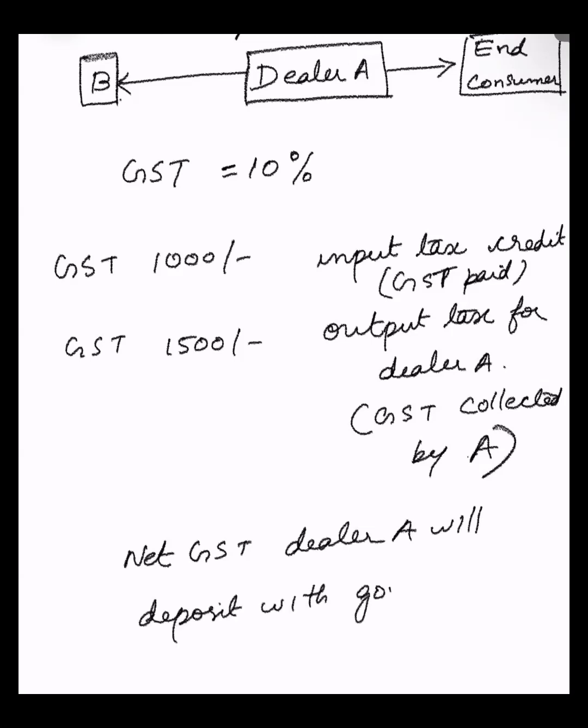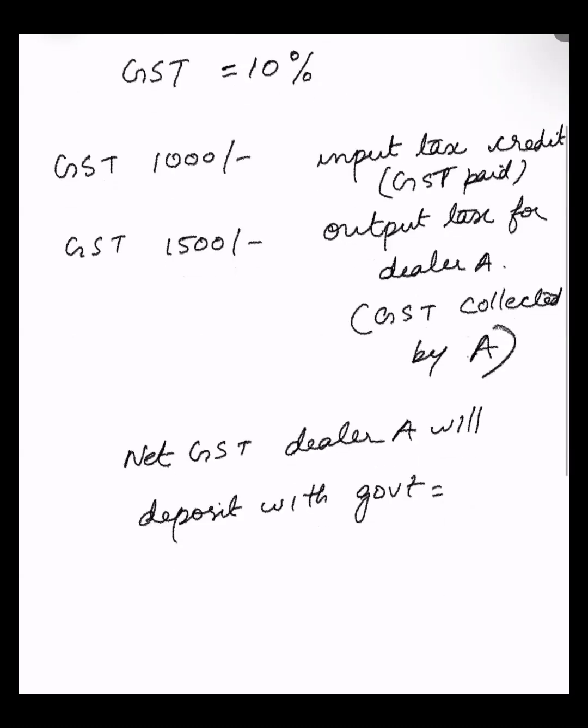That is output tax minus input tax or input tax credit. So what is input tax? Input tax is the GST that dealer A has paid to dealer B or to whomever he is purchasing his products from.